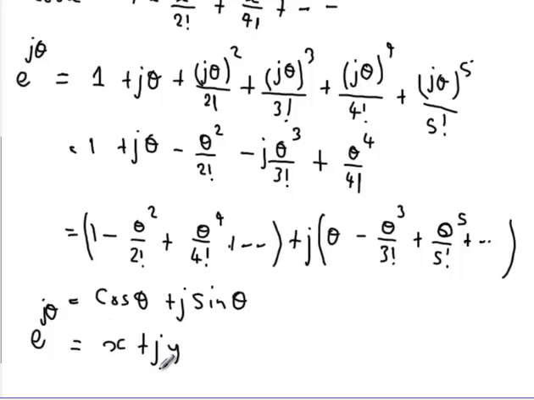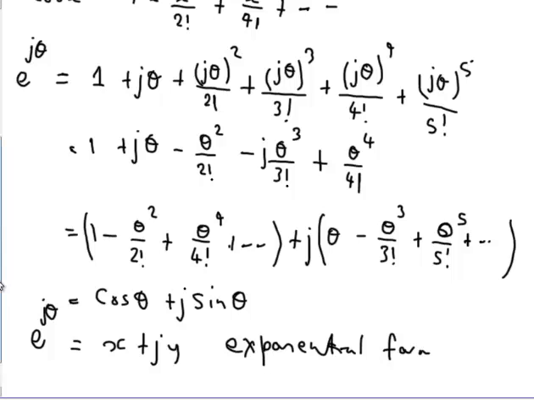What are we saying? We're saying a number written like this can be expressed in exponential form. So this is the exponential form of a complex number. Now, what is not clear about this number now is what is the modulus of this number?